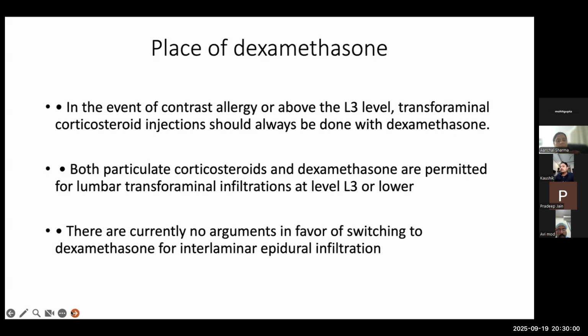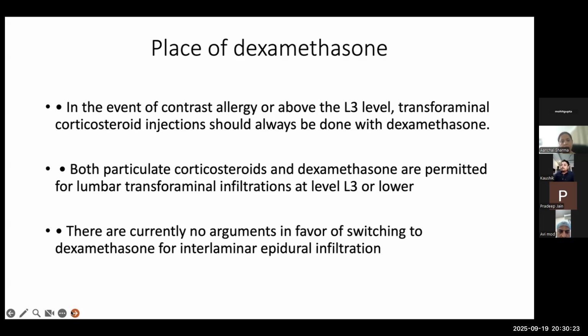They have advised contrast to be mandatory and DSA to be optional. And they have concluded that despite fluoroscopy and contrast administration or DSA, the chance of accidental intravascular injection cannot be ruled out.